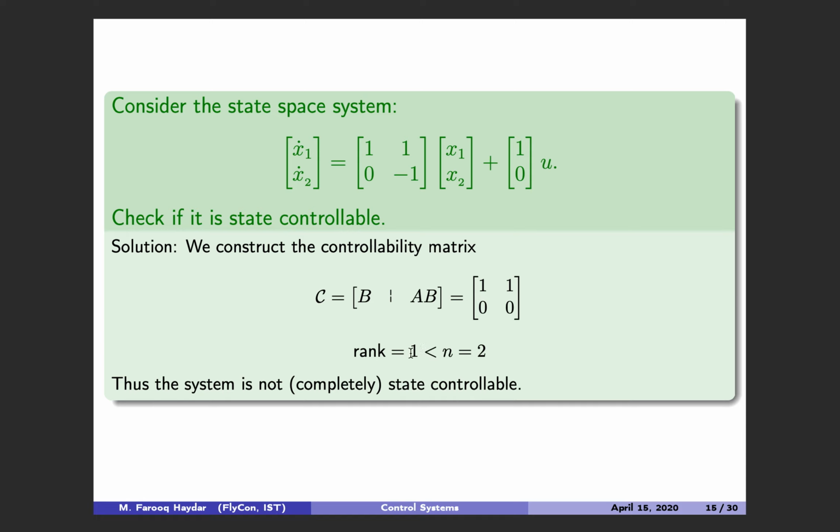So the rank is 1, which means the number of independent rows and columns is just 1. This rank is not equal to 2, which is n, the dimension of the matrix. So the system is not completely state controllable. What we can do in this case is only assign one eigenvalue at our desired location, and we cannot place the second eigenvalue at our desired location.